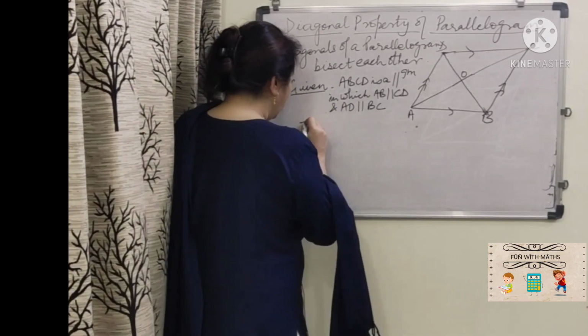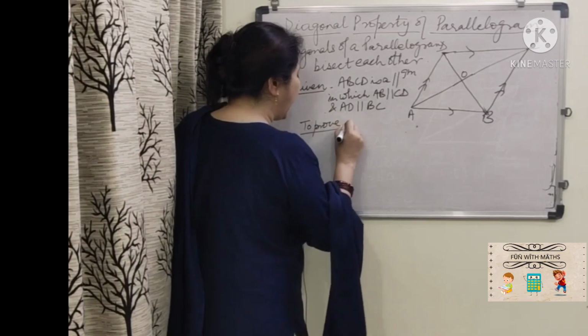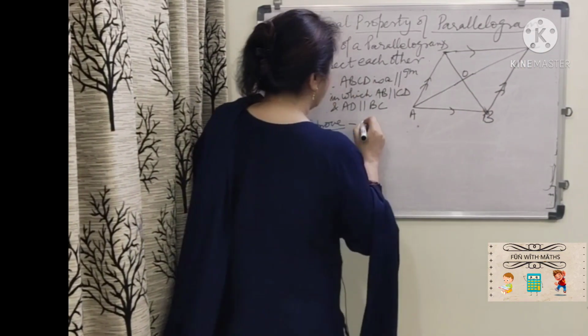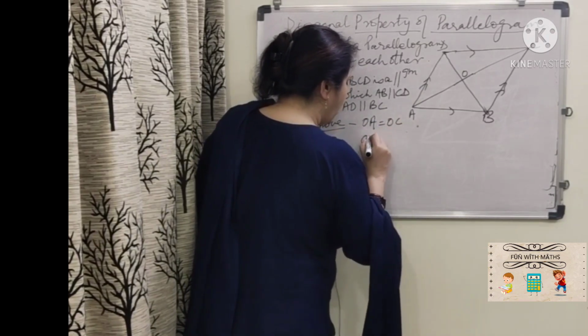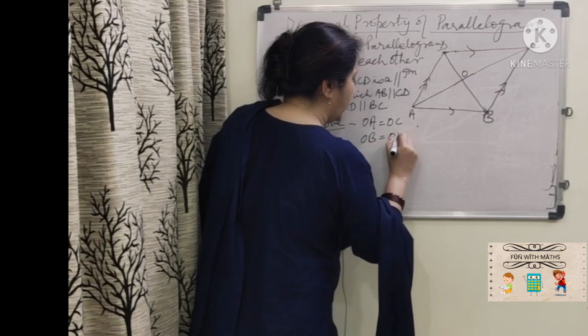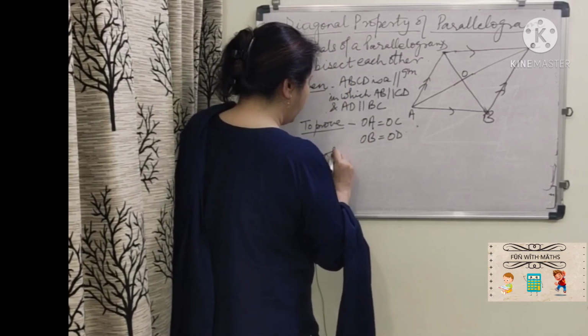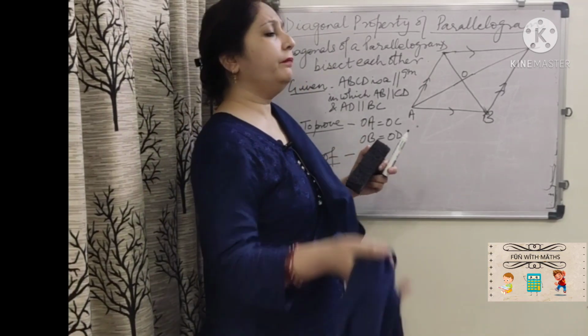To prove diagonals bisect each other, means the two parts of each diagonal. That means OA is equals to OC and OB is equals to OD. Proof. A very simple proof, not very difficult for you.